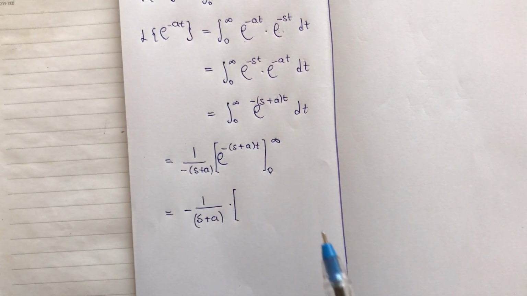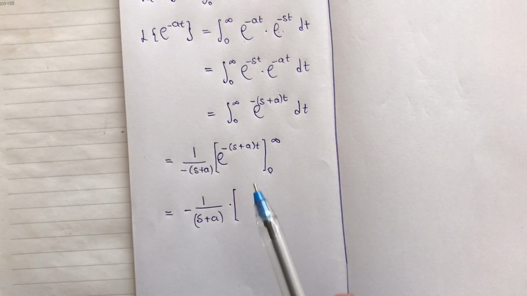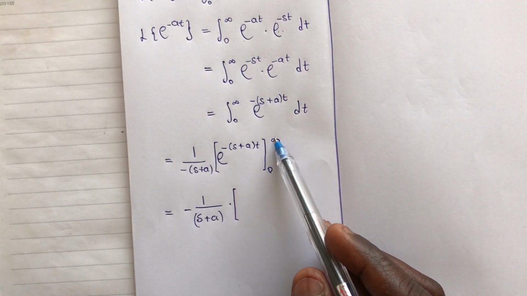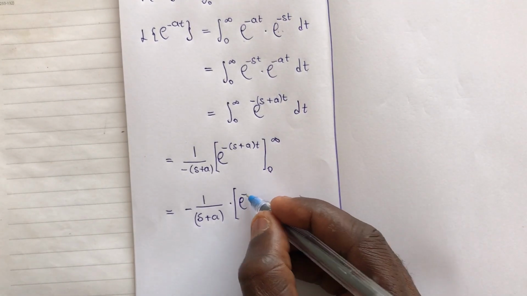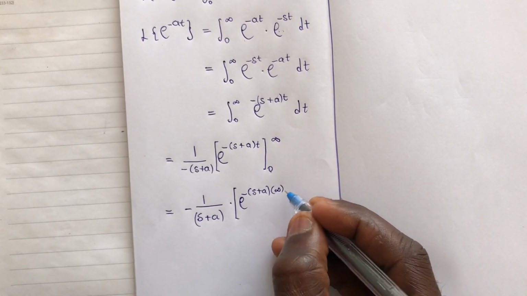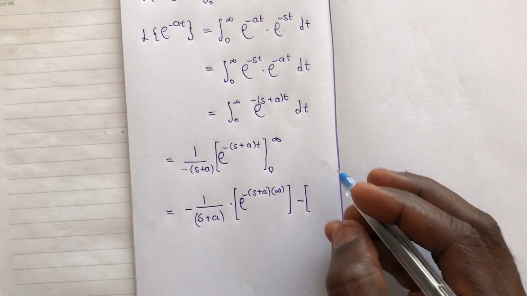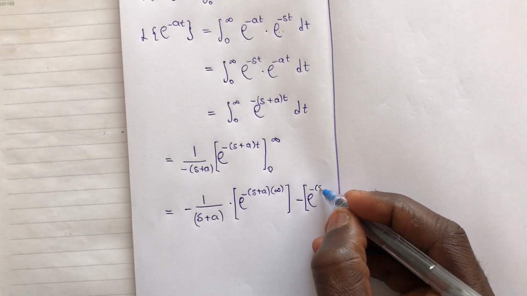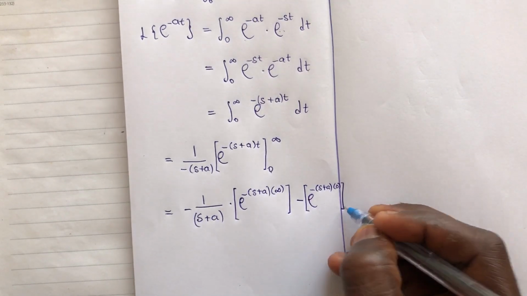T. Like I said earlier, t is a real number that is between 0 to infinity, or t must be greater or equal to 0. So these values are for t, so we put it there. We have e minus s plus a, then we substitute our upper limit, we close the bracket, minus, we substitute our lower limit, e minus s plus a, then we put in our 0, we close the bracket.